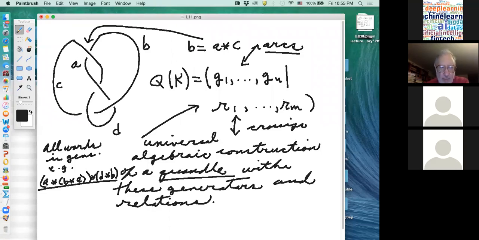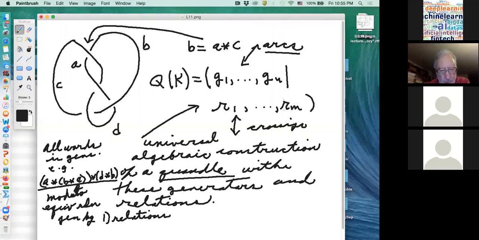Modulo the equivalence relation generated by 1, the relations, and 2, the quandle axioms.